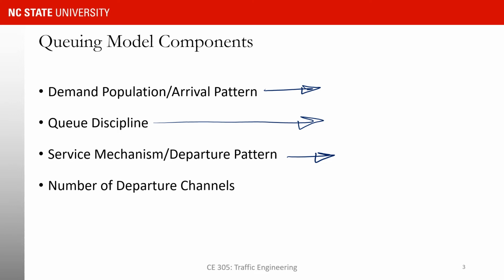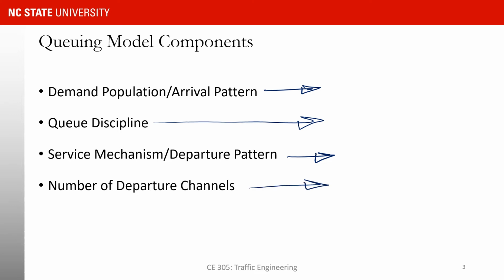So if the person that is providing the service is really familiar with what they need to do, your service time is going to be really short, right? And if they don't know, or if there is a lot of stochasticity involved, that service time could be long. And then we also have number of channels. So what is this?